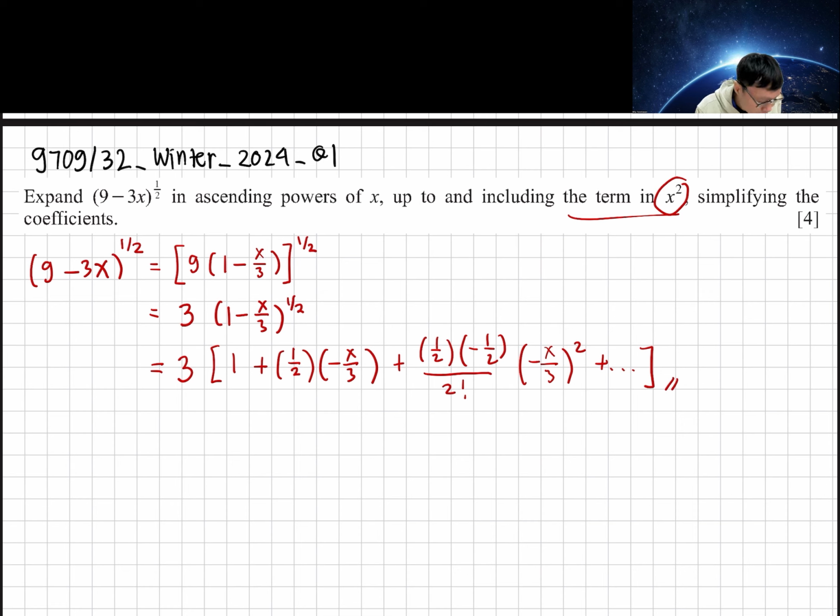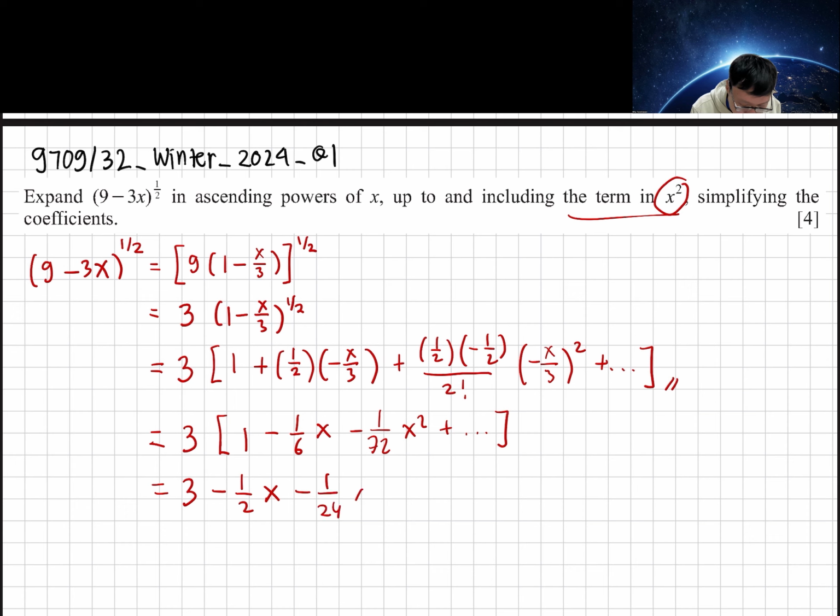So we get 3 times 1, this is minus 1 over 6 x. Now you can simplify this term. It gives you minus 1 over 72 x squared. So you get 3 minus 1 over 2 x and then minus 1 over 24 x squared. So this is the answer.